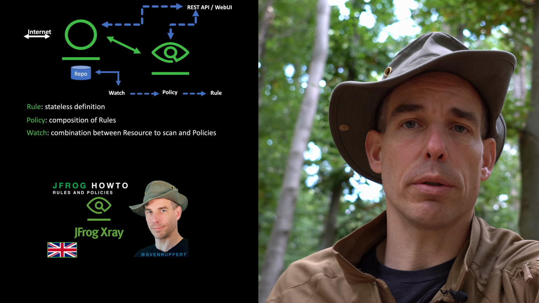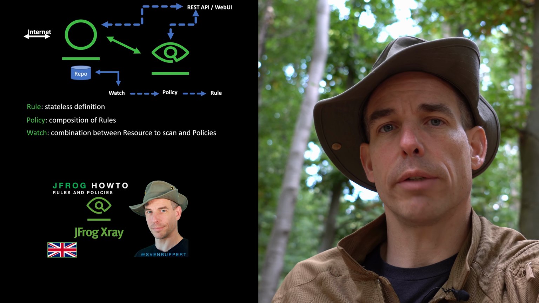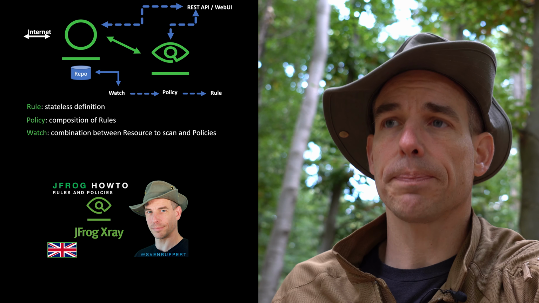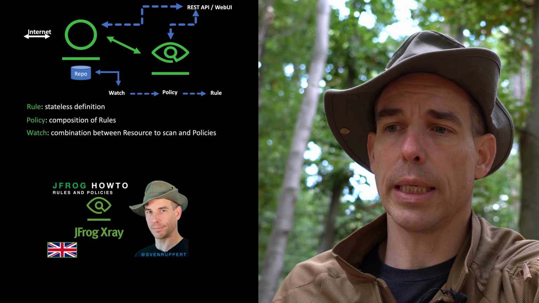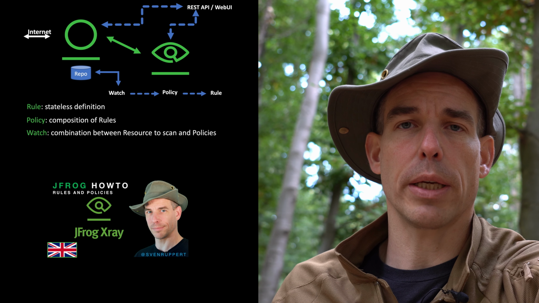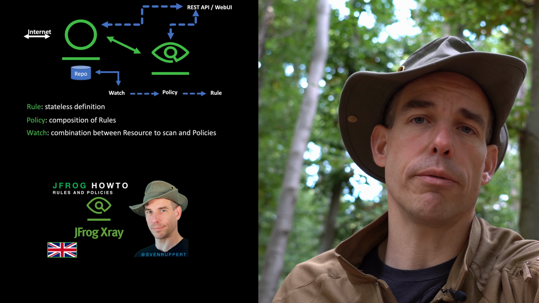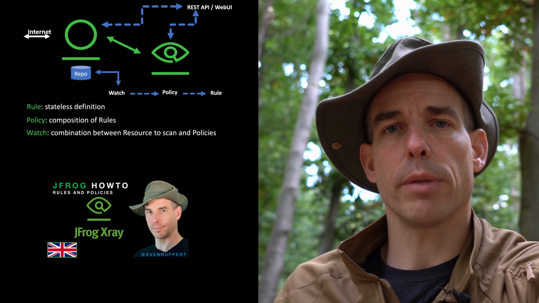How do you now map your compliance or security rules that are written down in some documents, for example? The main thing here is that you have two things you can use to define what should happen: rules and policies.